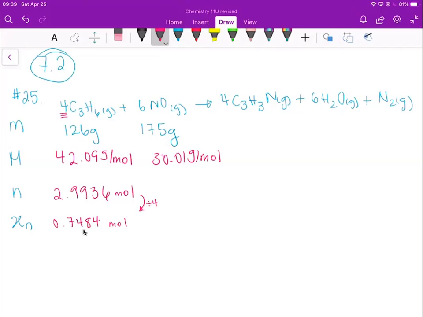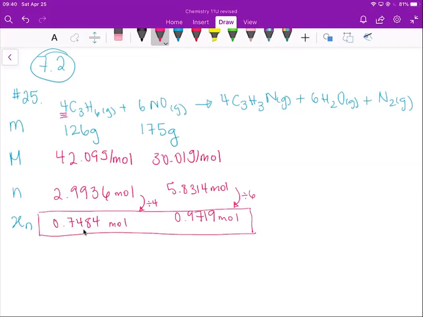Okay. When I come here, I have 5.8314 moles when I divide 175 by 30.01, and then I have to divide by 6 here. So I get 0.9719 moles. Okay, so it's these two numbers here that we're going to compare. Which one's less?